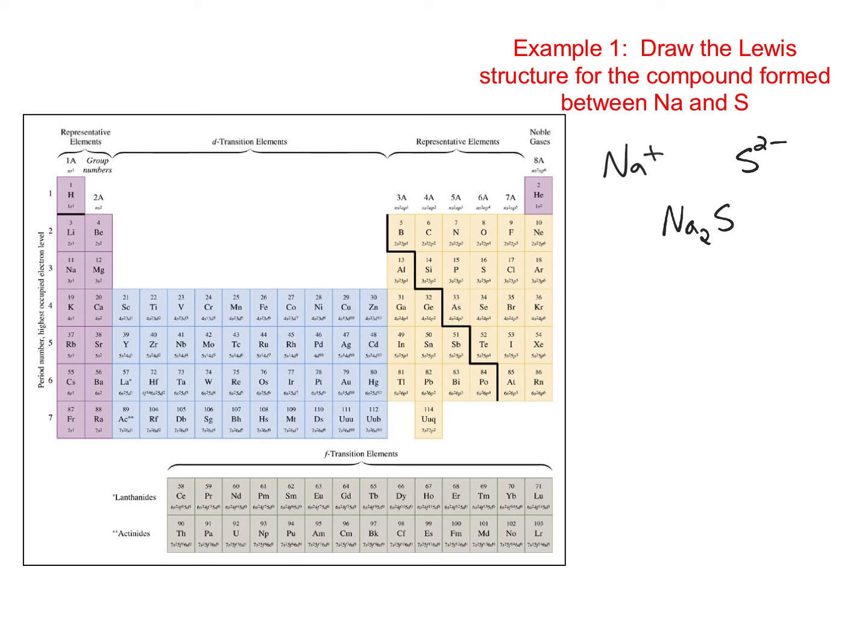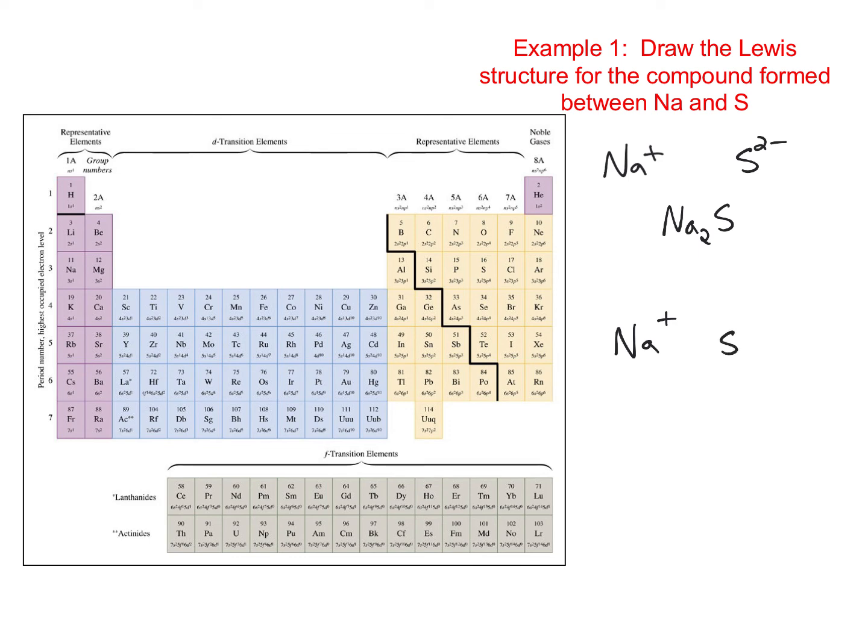And so when I draw the Lewis structure, I want to draw the Lewis structure for an Na+. Sodium normally has 1 valence electron. So if it becomes +1, then a sodium ion has 0 valence electrons. So the Lewis structure is just going to be Na+. And since there are no electrons or anything else, we wouldn't put it in brackets. And then we just did S2- in a previous example.